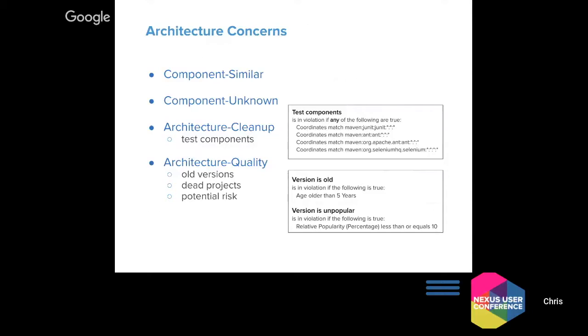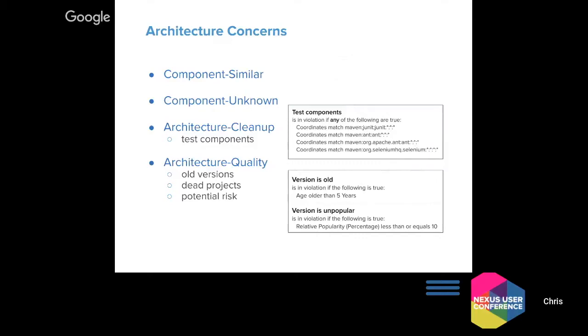The architectural cleanup policy is an example of flagging test components, which should probably not be in your final application and could potentially pose unnecessary risk. You'll get this when those components exist there. You can see that it's tailored towards Maven, but you can set up coordinates for pretty much any other ecosystem as well. You would just customize that based upon what you need.